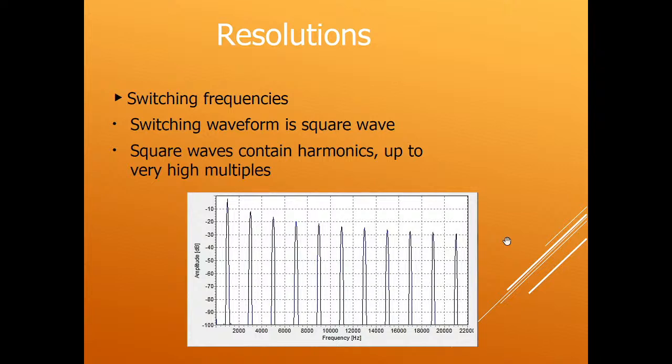So if we look at this chopped frequency, basically the switcher is producing a square wave. And so a square wave has many harmonics. It basically consists of a fundamental frequency and all the odd harmonics. And so we can see that if we had a switcher that was chopping at 1 kilohertz here, it would have 3rd, 5th, 7th, 9th, 11th, 13th, 15th, 17th, 19th, and 21st harmonic would be at 21 kilohertz here.